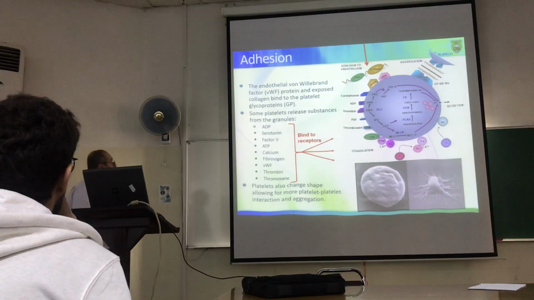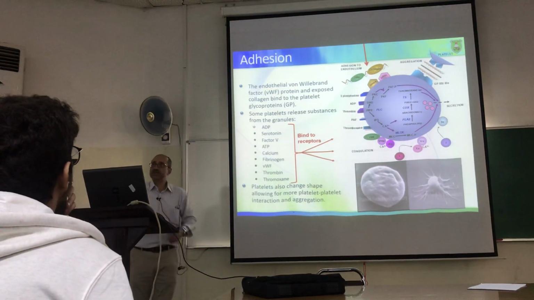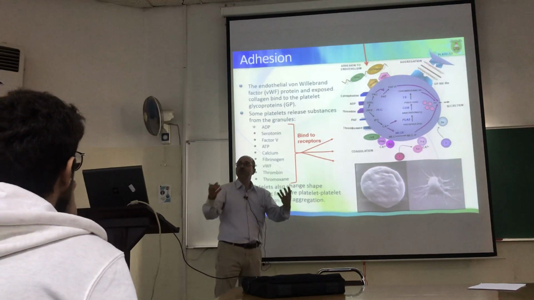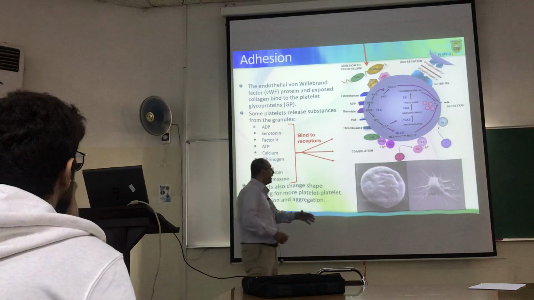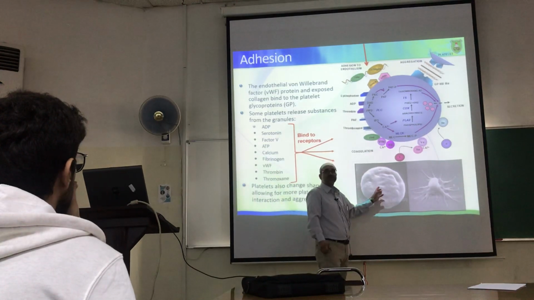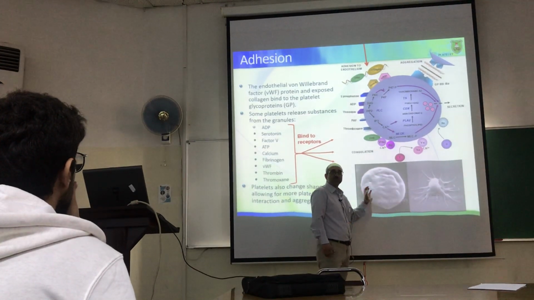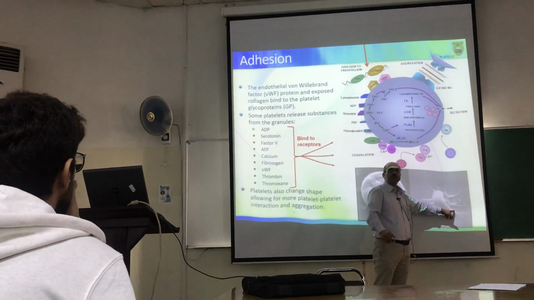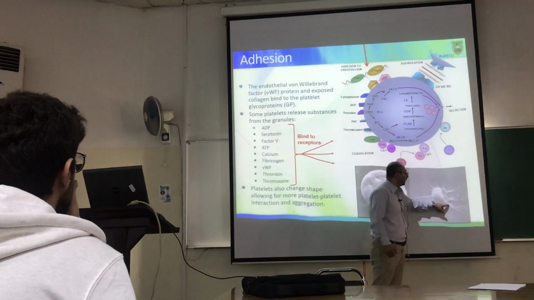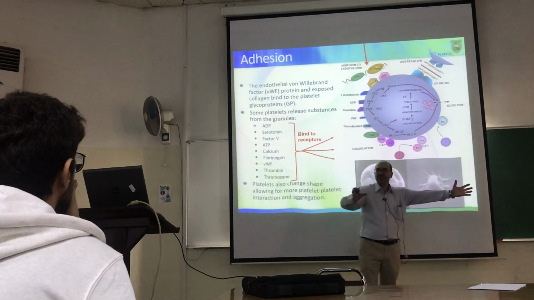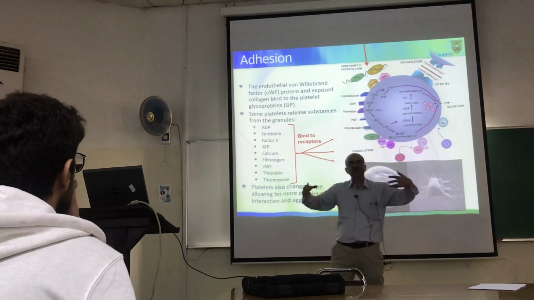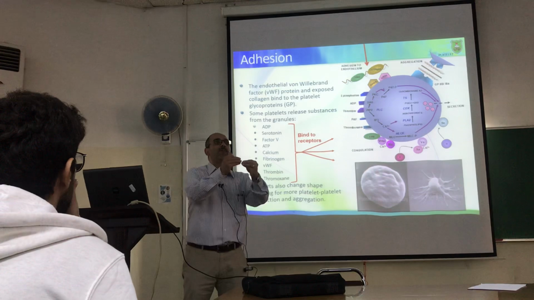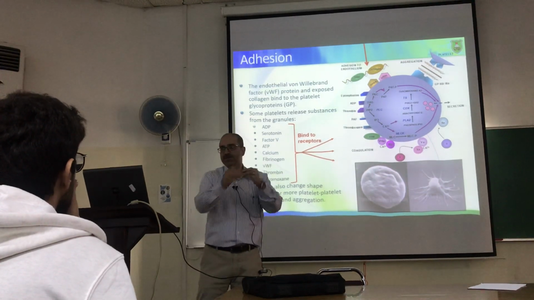What happens as well is that when these platelets are activated, you have modulation of the actin cytoskeleton and change of platelet structure from rounded structures into structures with filopodia. These are known as filopodia, extensions. Okay? These extensions contain more receptors, and they help in platelet-platelet aggregation.